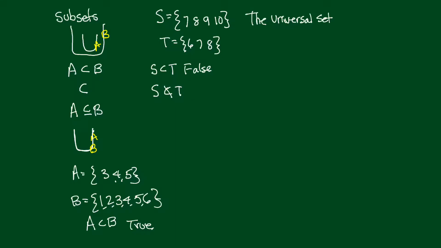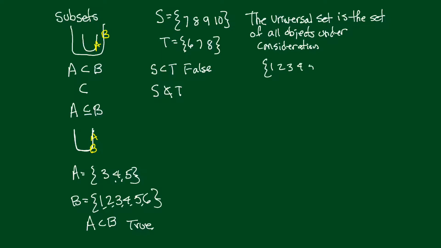Another thing that we want to talk about is this set here. This is the universal set, and this is the set of all objects under consideration. So maybe I'm working with a problem, and the only numbers I'm really concerned with are these numbers here. 1, 2, 3, 4, 5, 6, and 7. Those are all the numbers that I need to concern myself with.